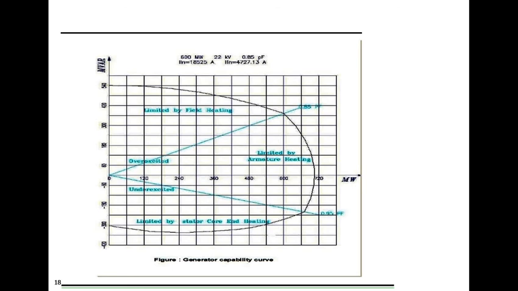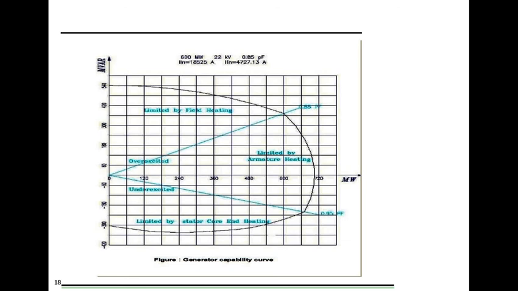If you see the first quadrant, where we have active power positive and reactive power positive, this condition is called the overexcited condition. Why? Because in this condition, in order to send reactive power to the grid, we keep the generator terminal voltage, or in fact the GT terminal voltage, higher than the grid voltage, so that reactive power is fed to the grid.